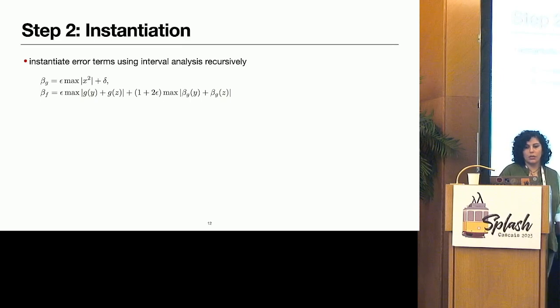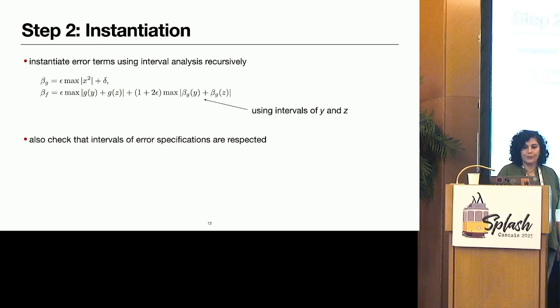So for beta of f, when we are instantiating the error specifications of G in it, we use the input intervals of f. We also check, before instantiating these procedure calls, that the input interval of the input parameters of the called procedures encloses the input interval of the arguments.